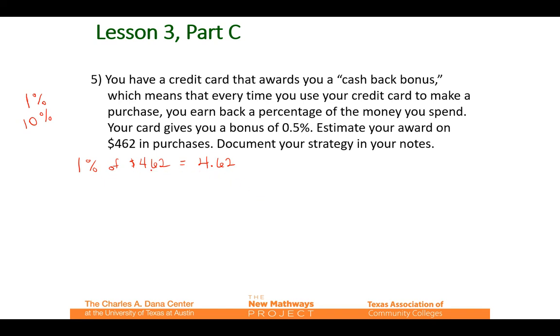You just divide by 100 to get 1%, okay? Your card gives you 0.5, or half of a percent. Well, half of that would just be $2.31. I didn't even need to estimate because it was really easy to find 1% and then get half of that.